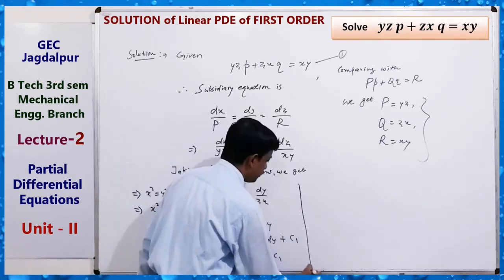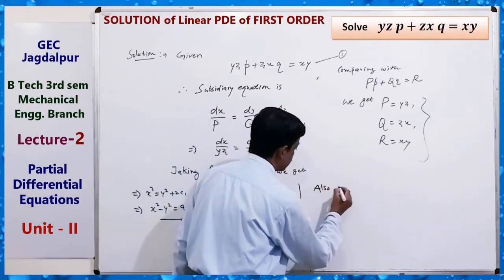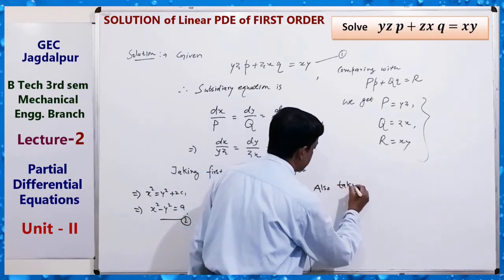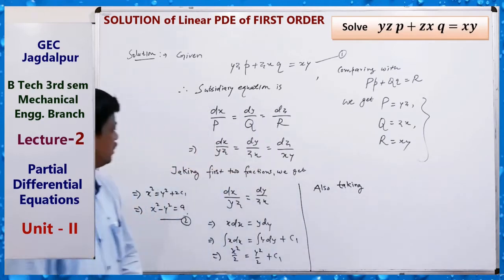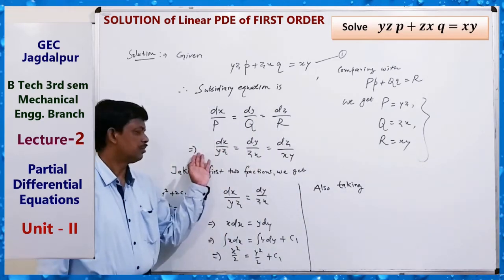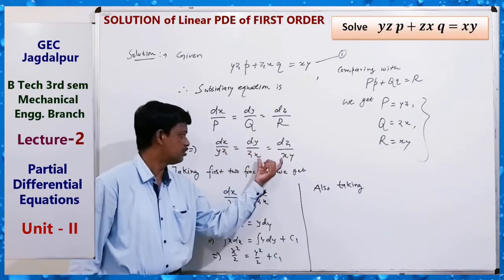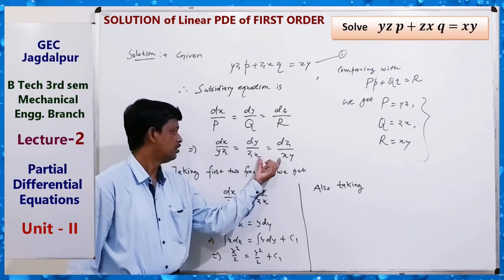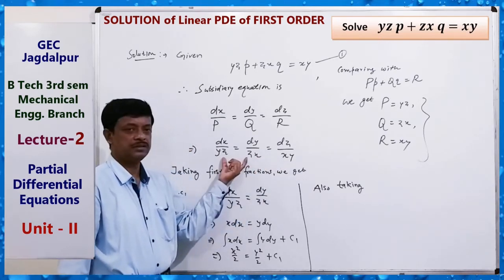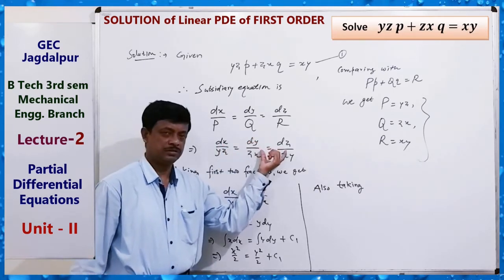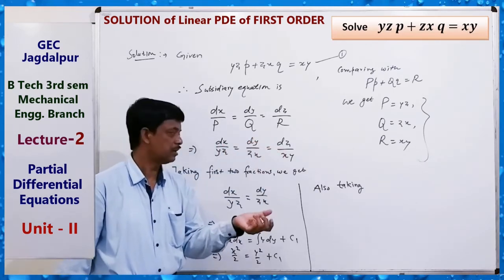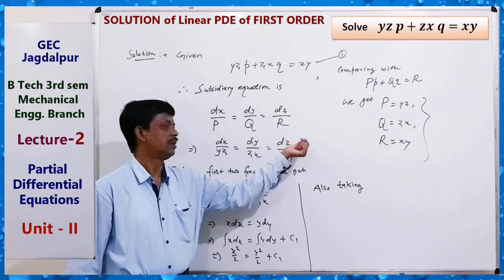Also, we can see from here that you can take this equals this, or this equals this, meaning the second and third fractions you can also take. You can also take the first and last.